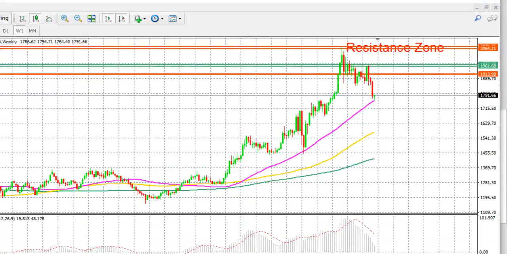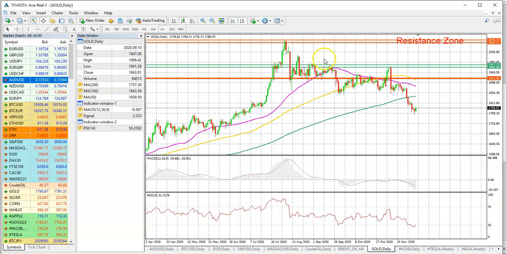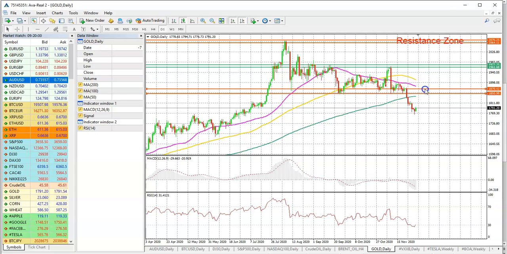Now, in terms of our potential resistance zone, the first resistance is going to come right in around this particular price level. Let's say between 1850 and all the way to, let's say, 1882. That is your first resistance on your daily time frame.